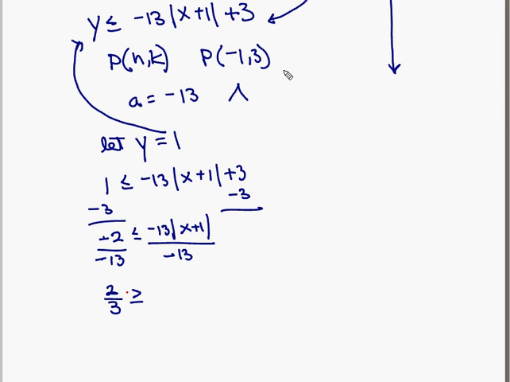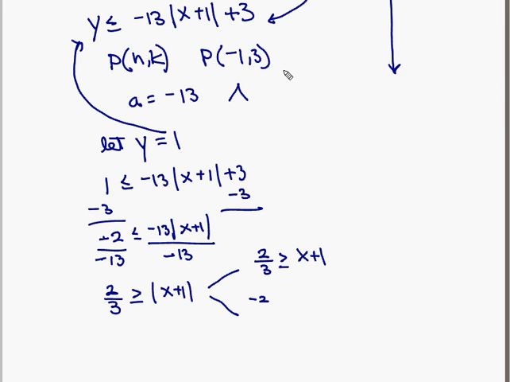Alright, so on the left side of the inequality I have a number. On the right side I have the absolute value. So this is going to break into two inequalities. So I've got 2/3 greater than or equal to x plus 1. I also have negative 2/3 less than or equal to x plus 1.